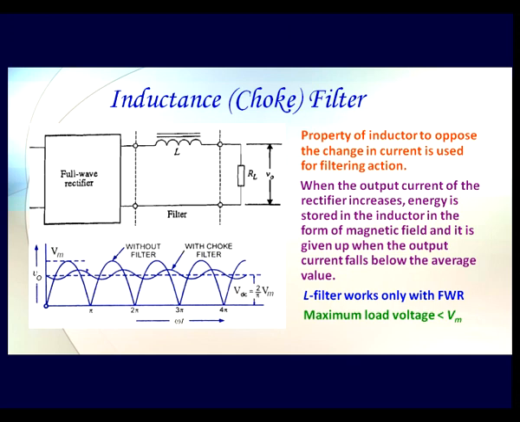So effectively this also operates on a similar principle, that the energy stored in the device is given to the load when there is no conduction happening from the output of the rectifier.